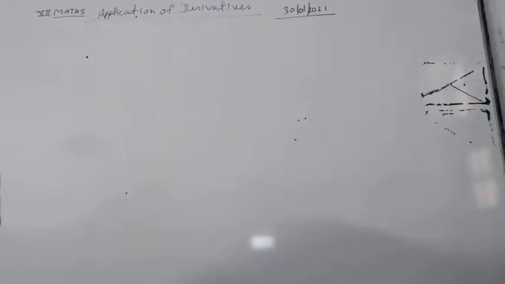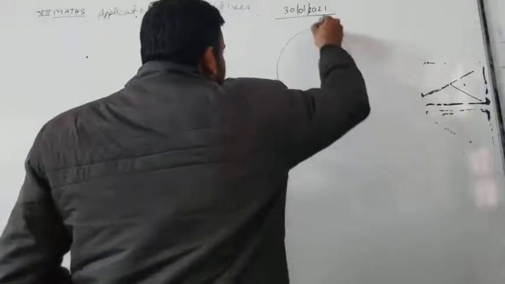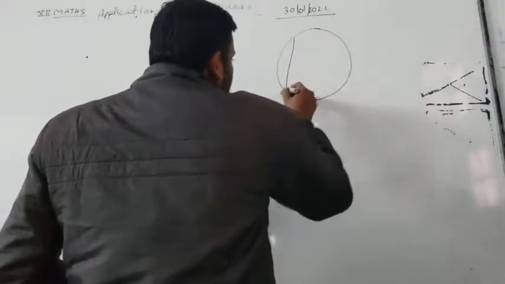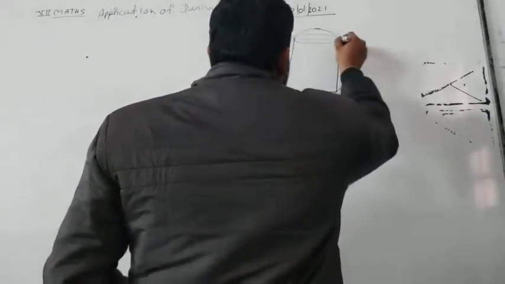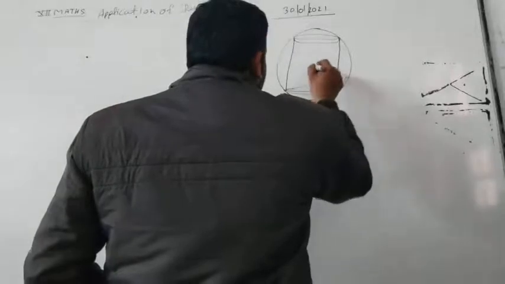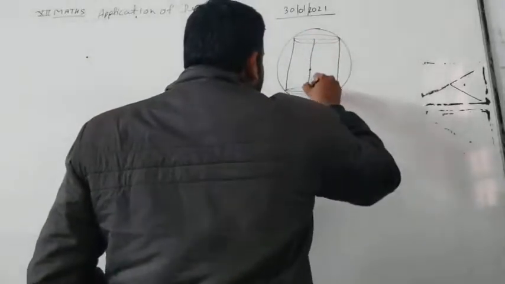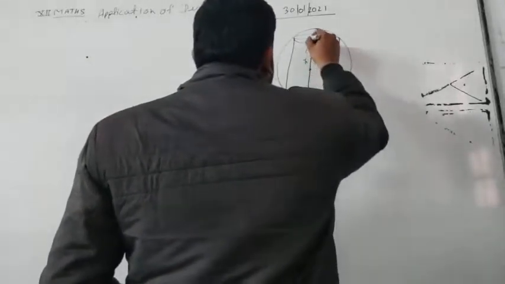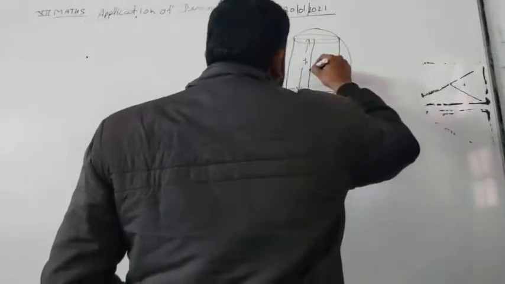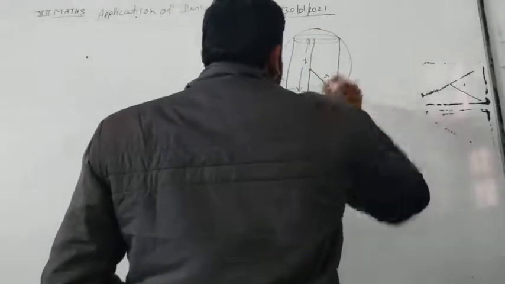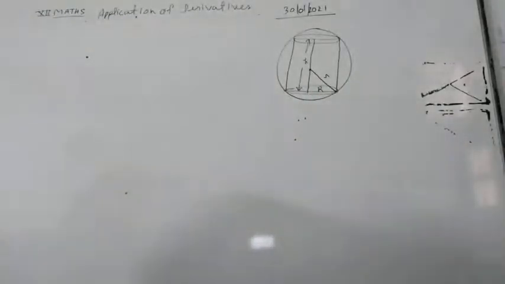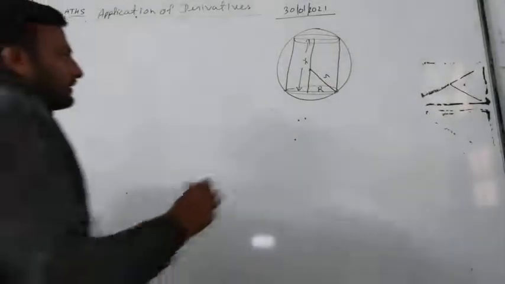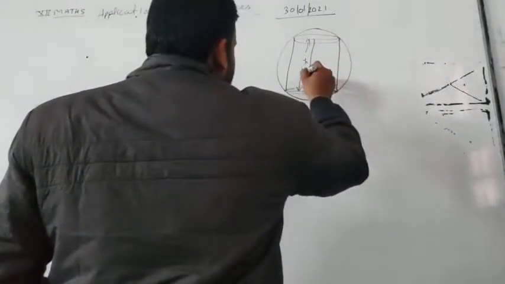Okay, students. So we make a sphere, and inside this sphere we make a cylinder whose height is h. The radius of the sphere is small r and the radius of the cylinder we are taking as capital R. And this half-height is h by 2.